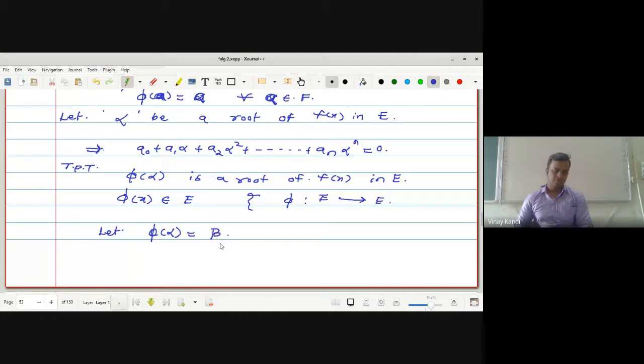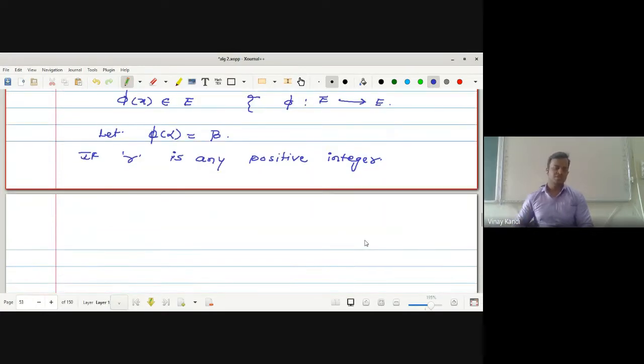Now suppose small r is any positive integer.